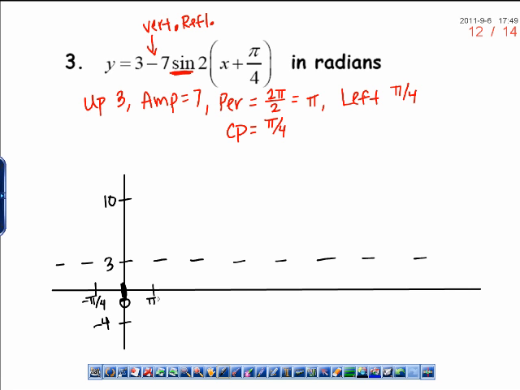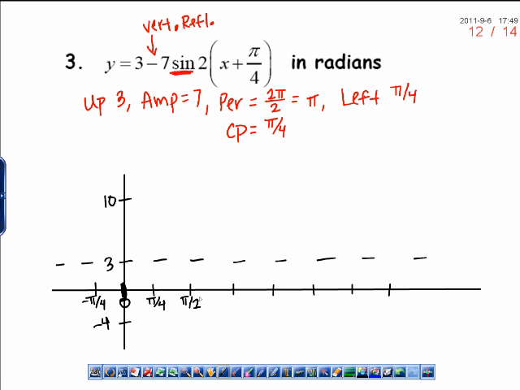Alright, and then pi over 4. And then just keep making your tick marks. Remember, you're going to have 9 total. 4, 5, 6, 7, 8, one more. So then this would be, add another pi over 4, you get pi over 2.